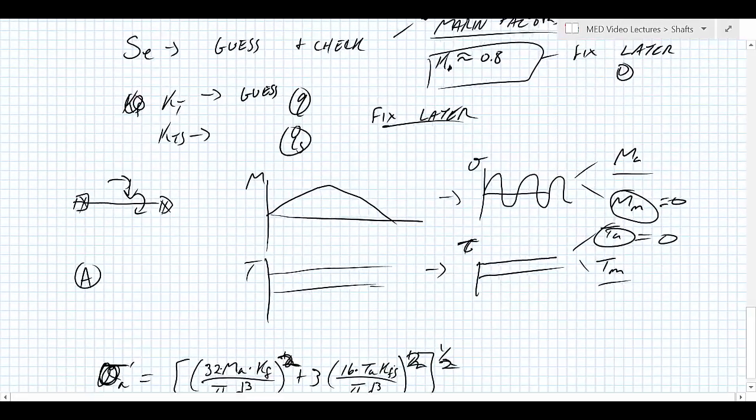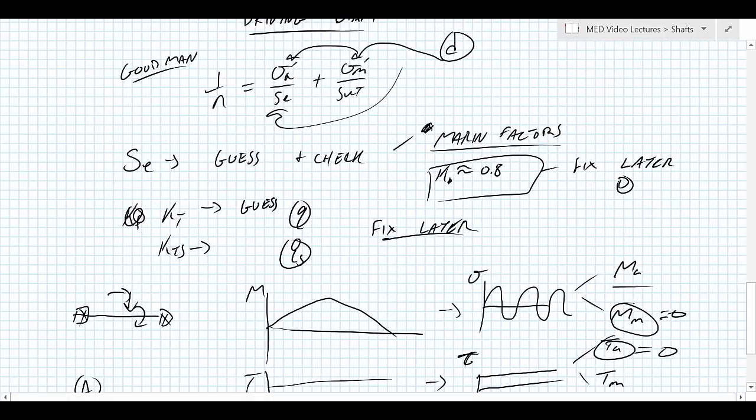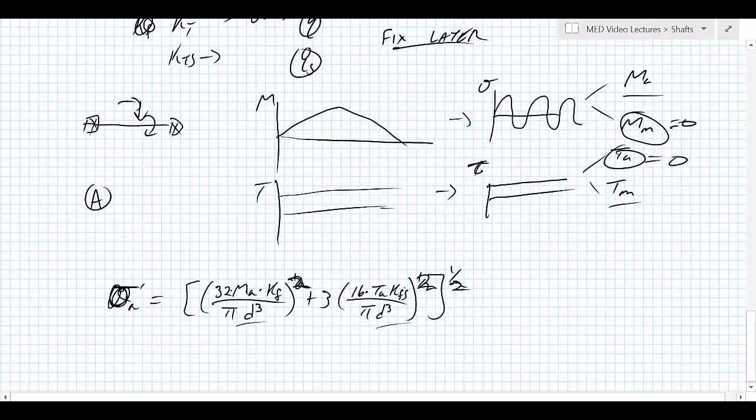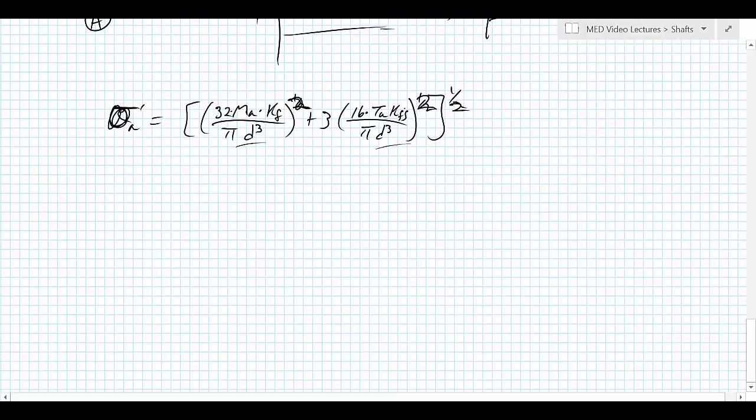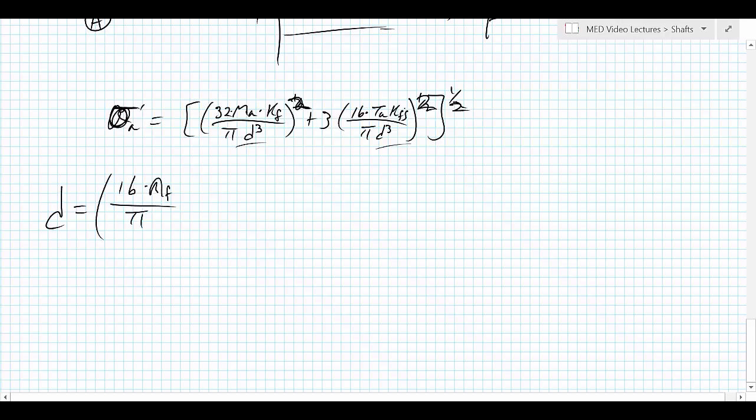So if we went back into von Mises, into the Goodman equation, and solved for d, what we get is this lovely long equation that looks like 16 times whatever fatigue factor of safety we're looking for. So this is how we specify a diameter given factors of safety and material properties.